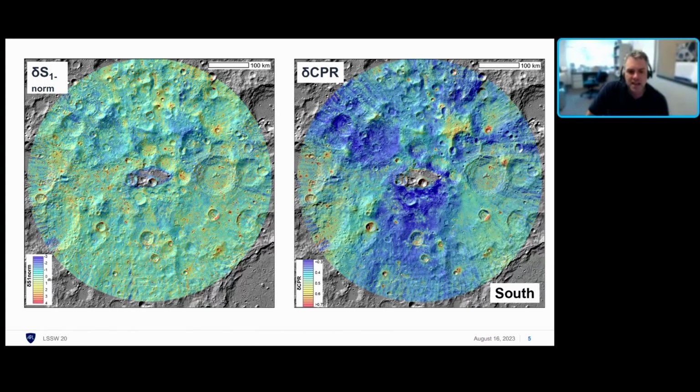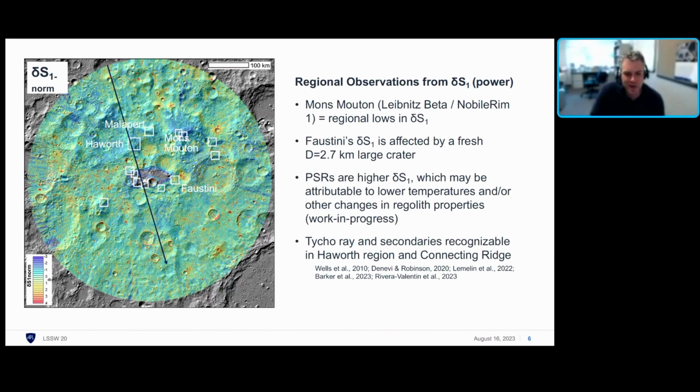Next slide again. The other thing that stands out in Delta S1 is that the Mons Malapert region is a real anomaly here. It's blue, or lower radar reflectivity. The Faustini landing site has this really prominent crater sitting right in the middle of it that makes higher S1 products there.